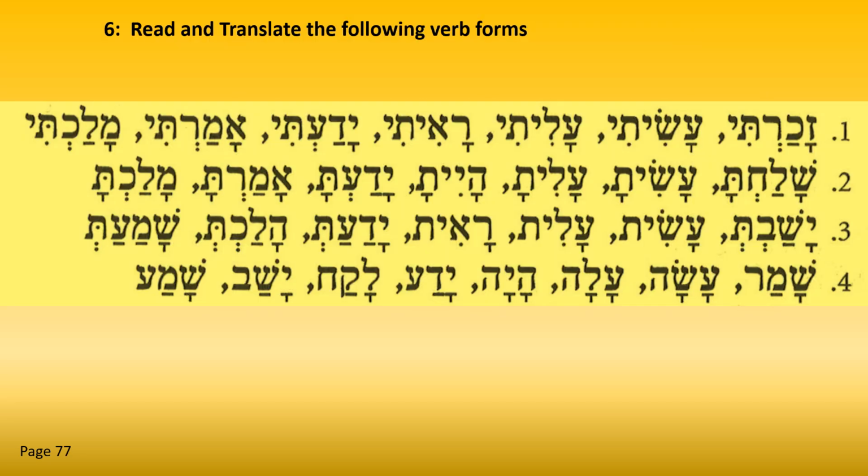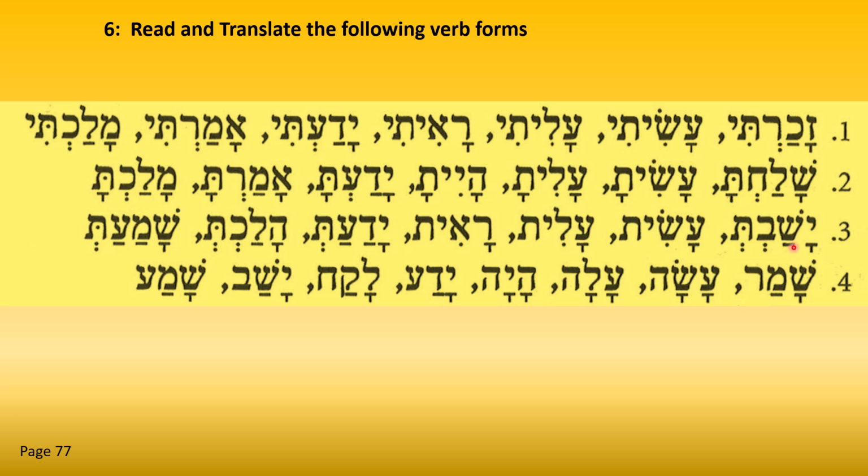Skipping exercise 5, which is a fill in the blanks exercise, writing the correct verb form for the sentences shown there. Again, good practice. We're going to continue now with exercise 6 as we read and translate the following verb forms.